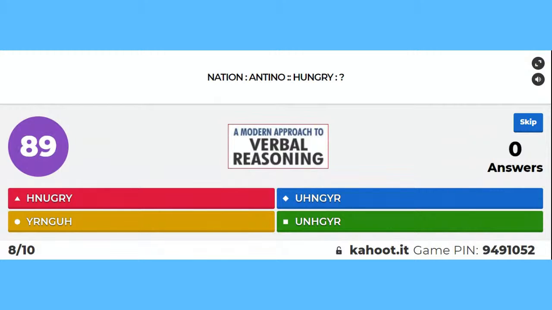Here N is to N and A is to A and T is to T and I is to I and N is to N and O is to O. Similarly, you have to do it with the other word also.